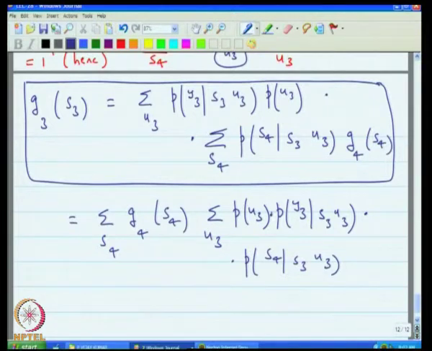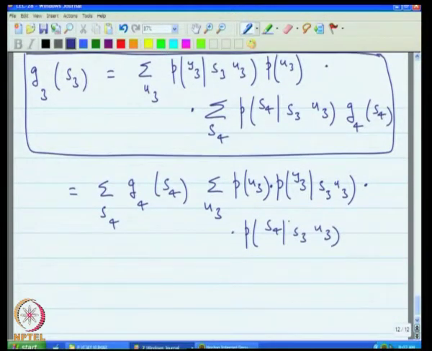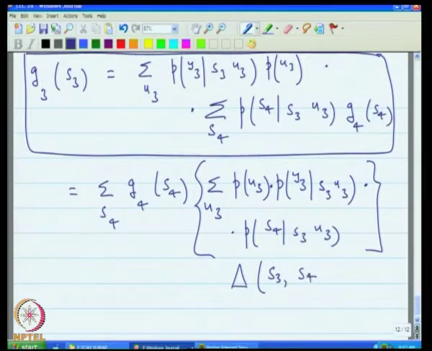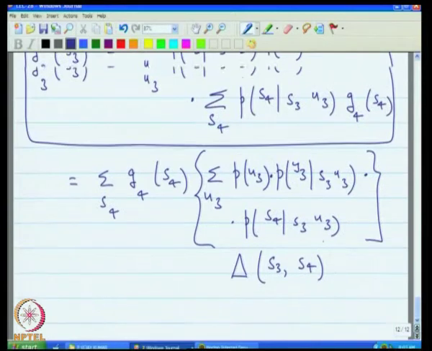So, this would then be your computation, and this entire thing you can think of now as your, I have already used gamma, so let me use a different symbol, matrix delta of S3 comma S4. So, once again you have G3 of S3 is delta S3 S4 G4, and you see that this is a matrix multiplication.